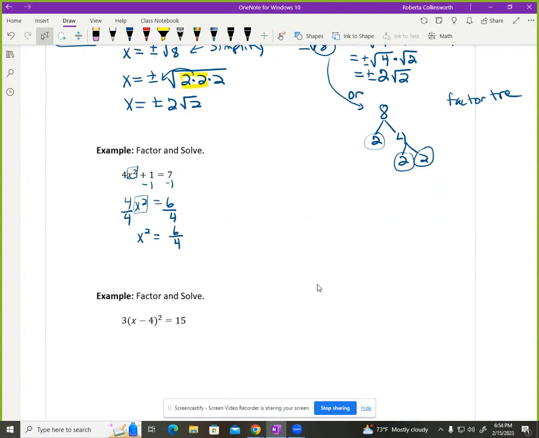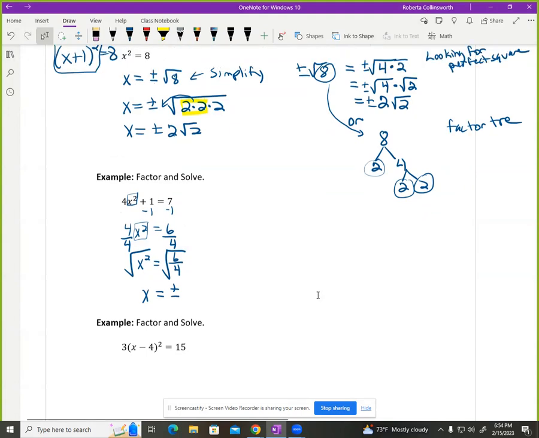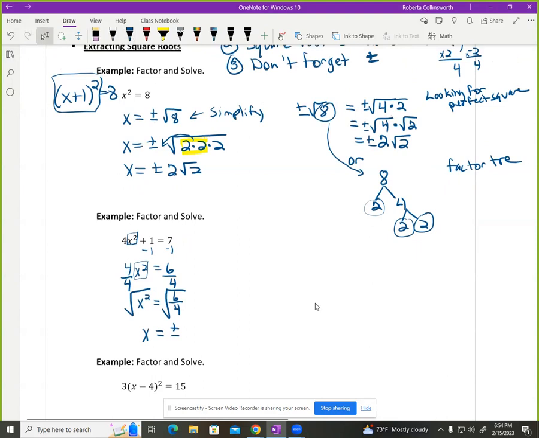It doesn't matter right here really. So once I get this far, I can take the square root of both sides. The square root of x squared is x. This is going to be plus or minus, just like over here when I did the multiplication and the square root is over both multiplications, then I can write it like this.